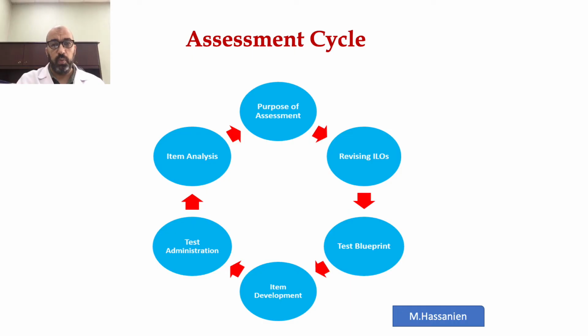Also, we can simplify and expand this figure by starting with the purpose of assessment: to assess the highest level of Miller's pyramid. Then you need to revise the intended learning outcomes of the internship or the rotation in which students will be assessed, develop a test blueprint for this assessment in this internship rotation, and do item development, which is related to different strategies of workplace-based assessment.